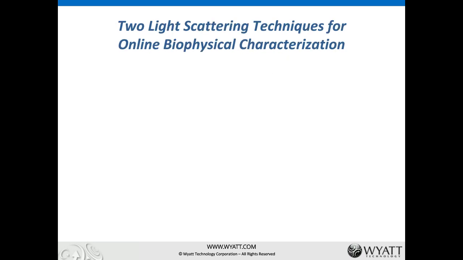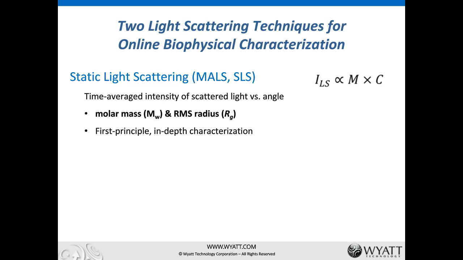I will give a quick overview of the 2 light scattering techniques used for online biophysical characterization. The first is static light scattering. Static light scattering is also known as multi-angle light scattering, or MALS. The MALS detector measures the scattered intensity in a fraction of a second time scale.